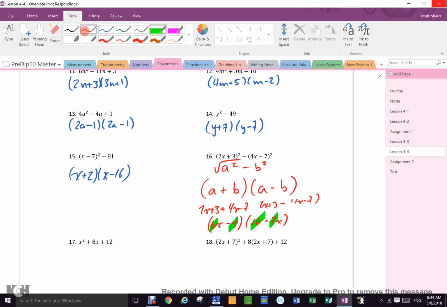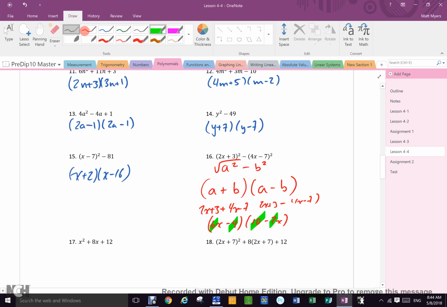They're all what? Even. So what's the factor that can come out? 2. So out will come a 2. And out will come a 2. So this is 2, 3x minus 2. And this is 2, 5 minus x, correct? That would be fine, but we would probably do 2 times 2 to get 4. Everybody good?